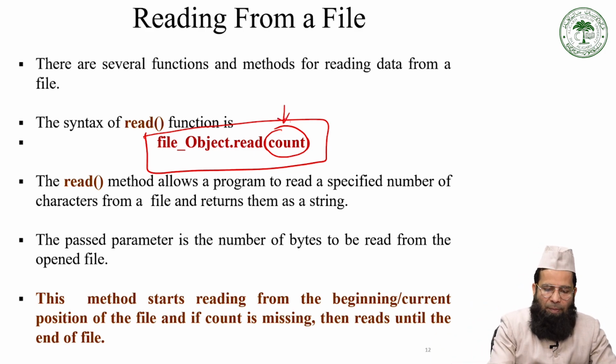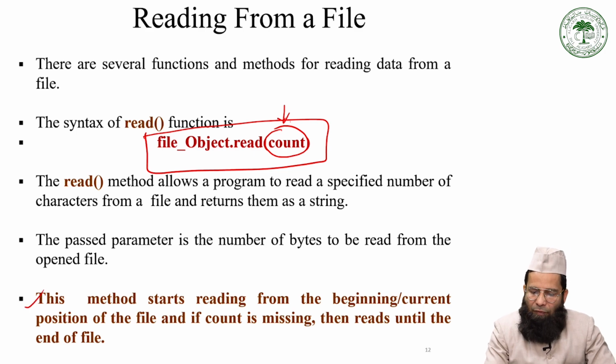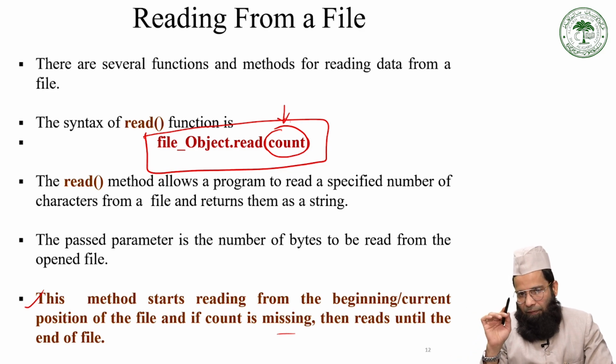This method starts reading from the beginning position of the file, and if count is missing, then it reads until the end of the file, right? I have already told you, once you have opened your file for read purpose, the file pointer would be at the beginning of the file.